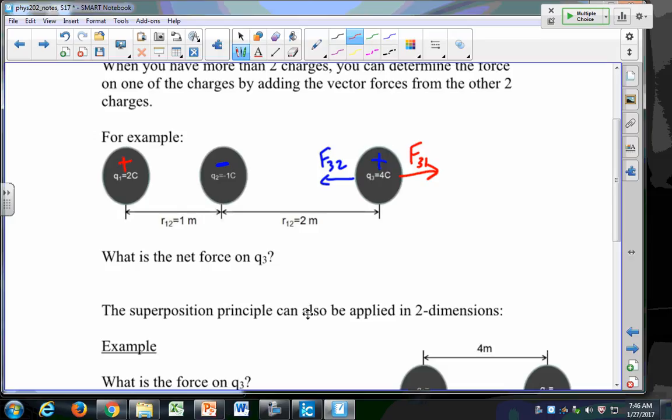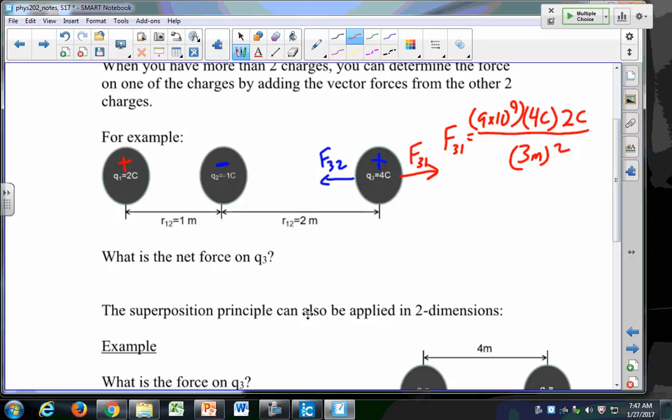So if I want to know the net force on this charge, all I have to do is calculate this force and take the vector sum. And the vector sum is just going to be the difference of those. So I'll go ahead and show you F31. I'm not going to do it for F32, but it's going to be 9 times 10 to the 9th, Q3, which is 4 coulombs, Q1, which is 2 coulombs, divided by the distance, which is 3 meters, squared.